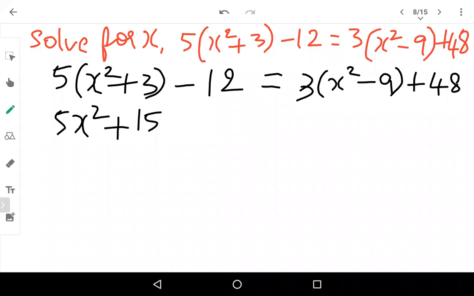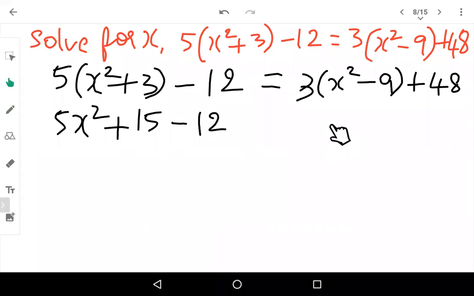You already got the answer, plus or minus 3, that's the correct answer. Concentrate here, then help me solve the problem. Once you multiply, you take out the brackets and then minus 12 is remaining. We will write it down as it is. So that is our left hand side expression.